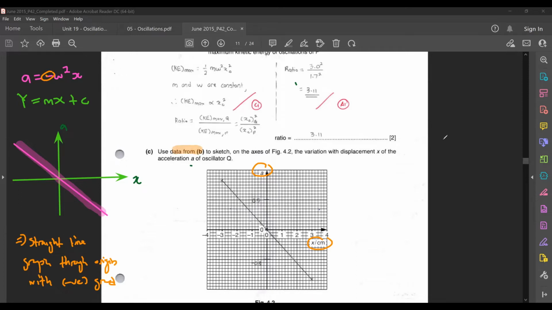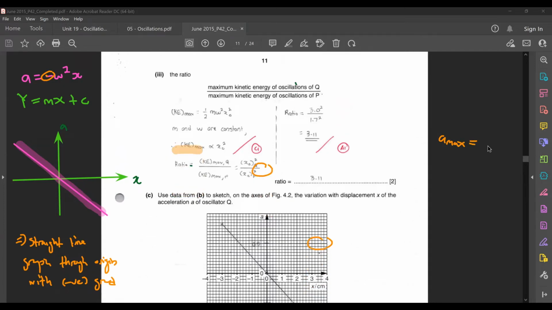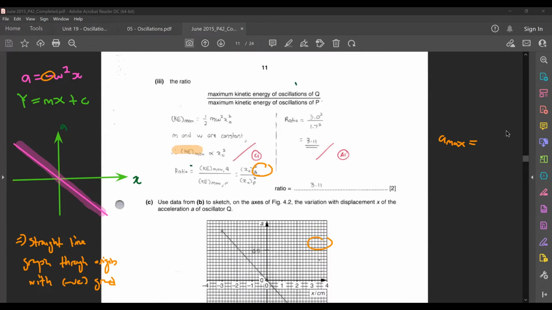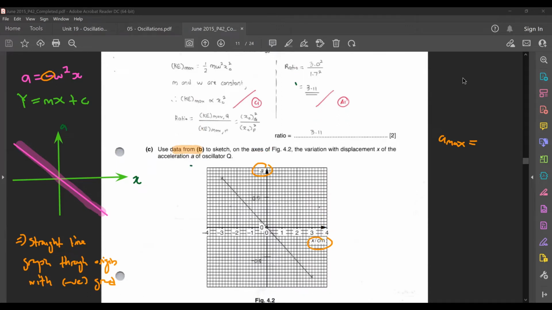Now, your question also specifically asks you to make use of your data from B. Your data from B was actually your a max equal to 0.82 meter per second, so let's just say for the sake of simplicity, 0.82 meter per second square. What you're supposed to do is indicate the values of the a max at the respective amplitude.